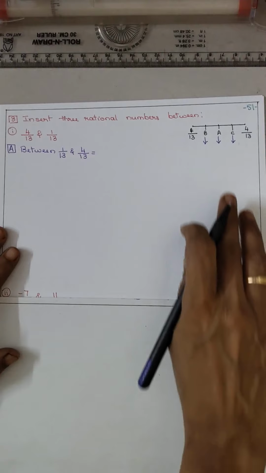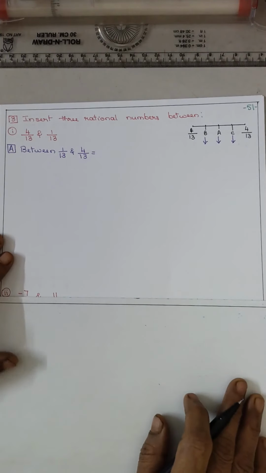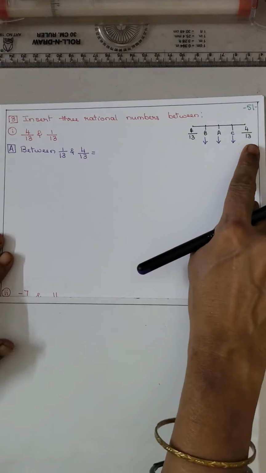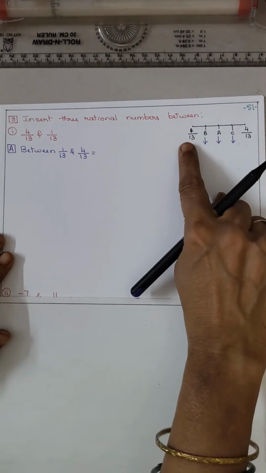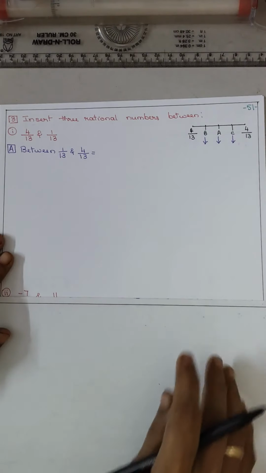So already I have written the number line. 4 by 13, that is to the right. 1 by 13 is to the left.